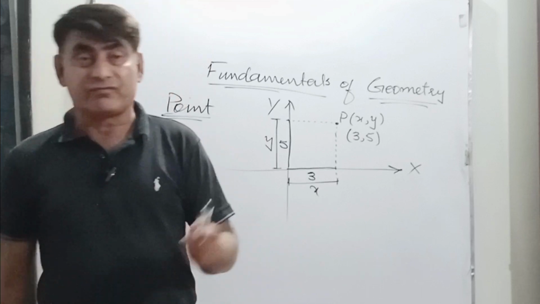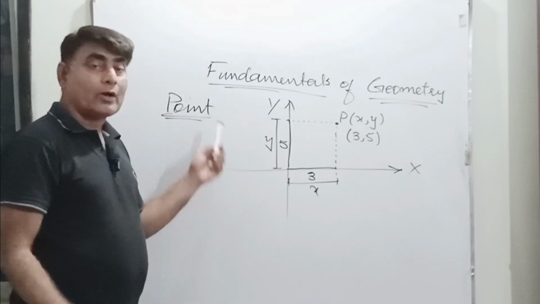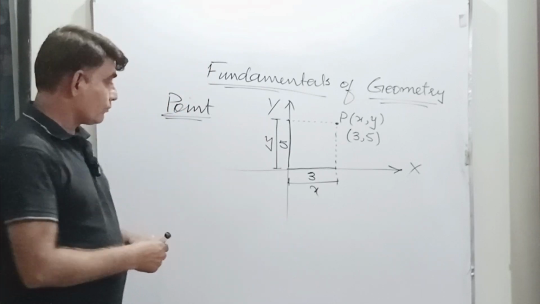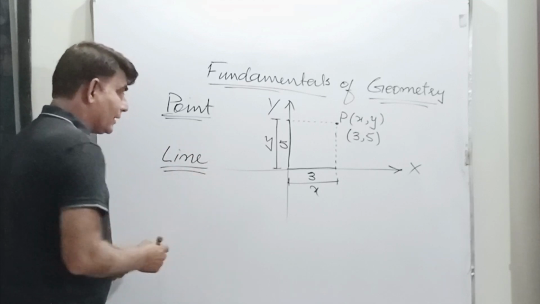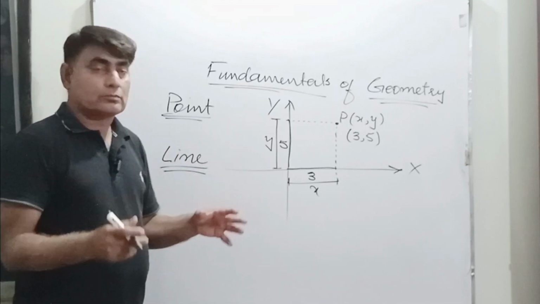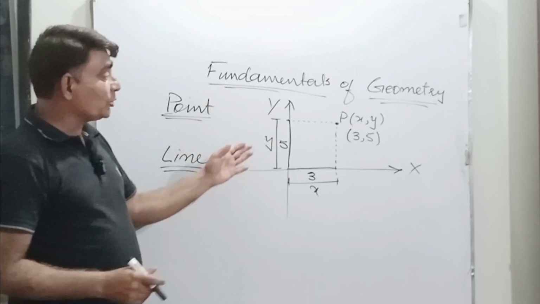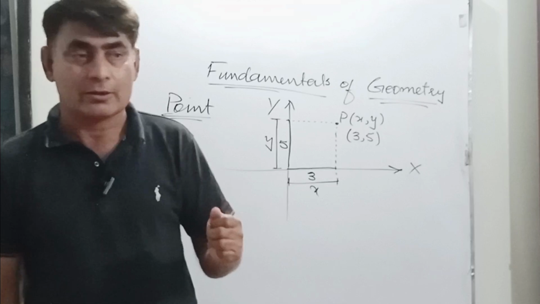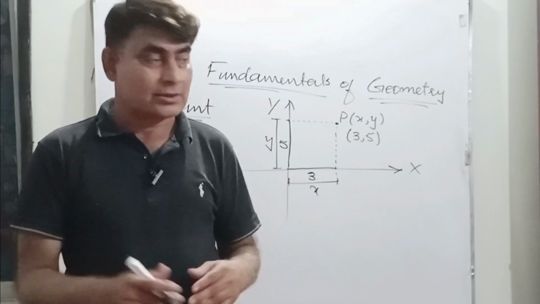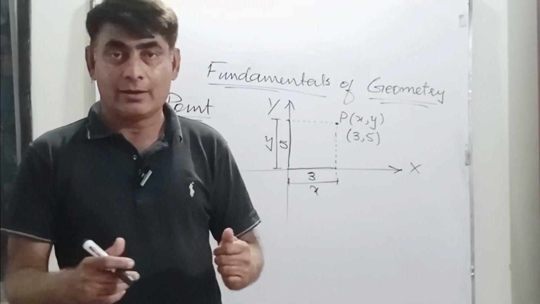Okay, now after it, what is a line? The second one is line, the most fundamental term used in geometry. Line means track, path, locus, road, rail.